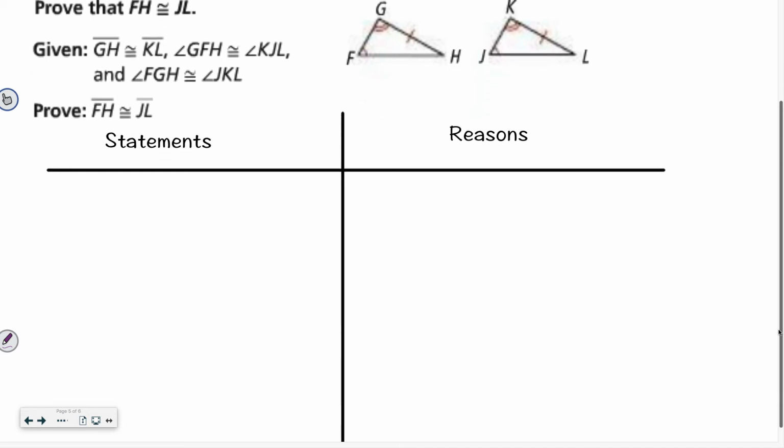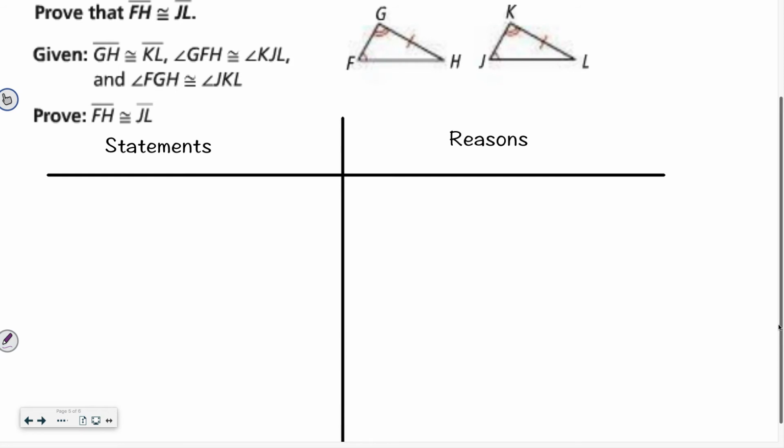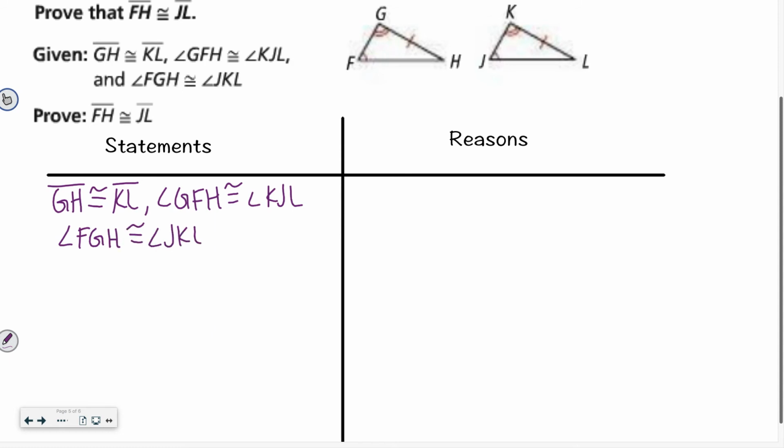So if I start, I can write segment GH is congruent to segment KL. Angle GFH is congruent to angle KJL. And I can say angle FGH is congruent to angle JKL. And this is all given.